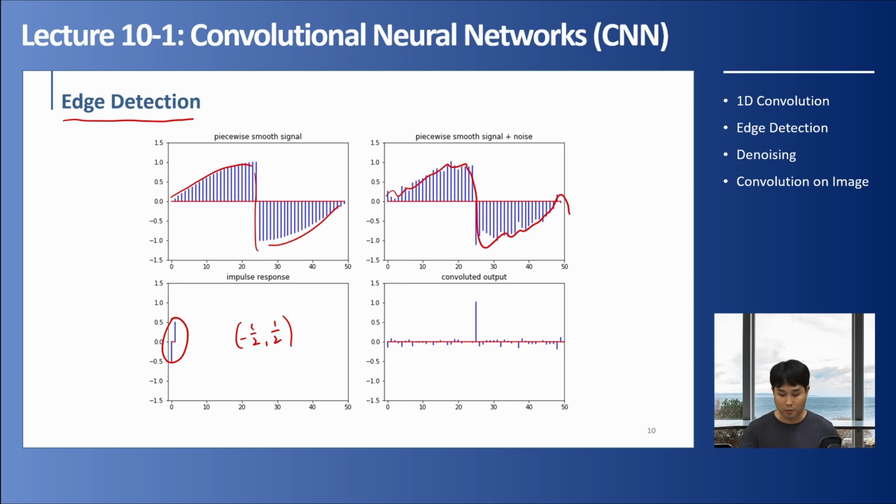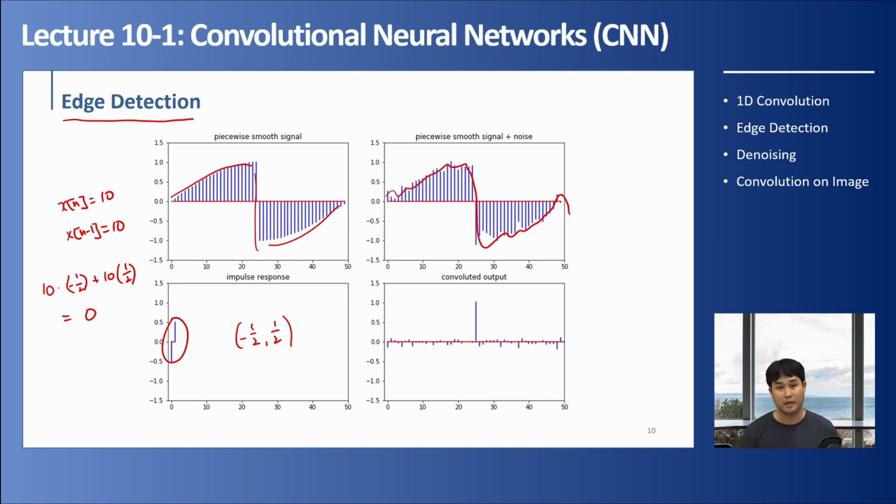Before we take a look at what the actual results are, let's consider a couple examples. So first of all, let's look at a case where two adjacent values have similar values. So assuming x of n is 10 and x of n minus 1 is equal to 10. If we convolve this portion of the signal with the kernel, we end up with 10 times minus 1 over 2 plus 10 times 1 over 2, which is equal to 0.